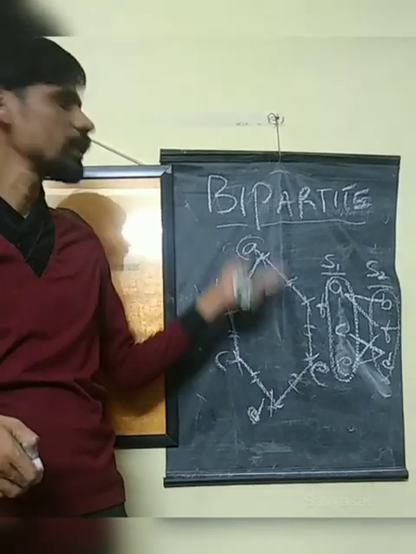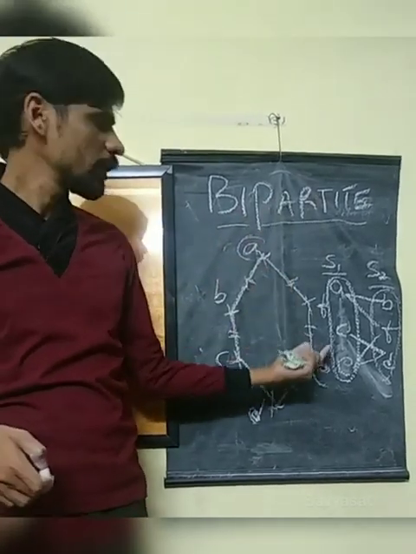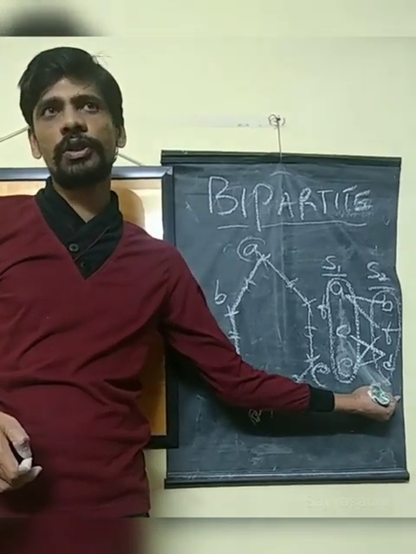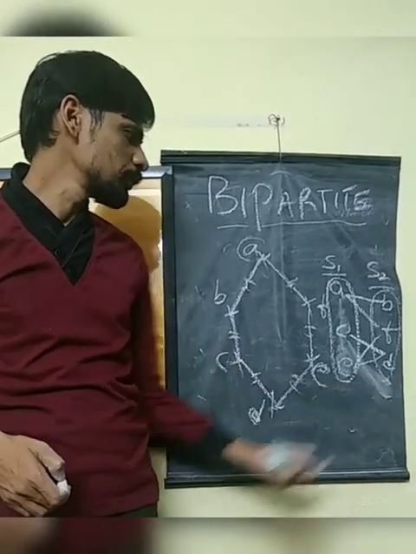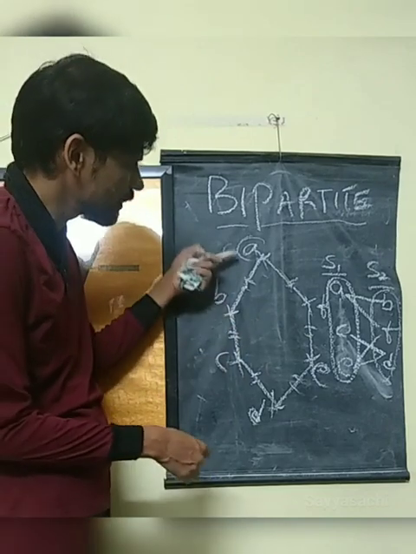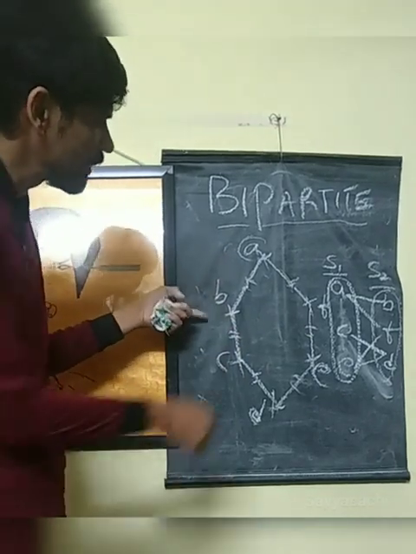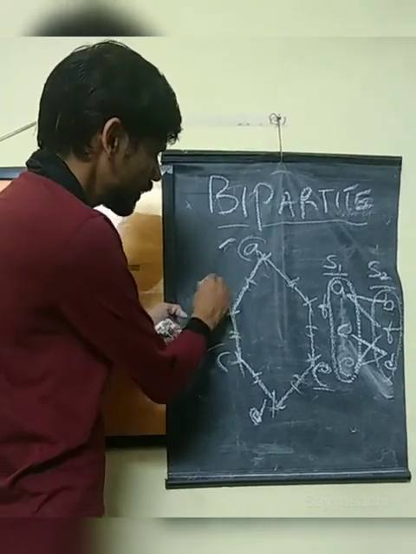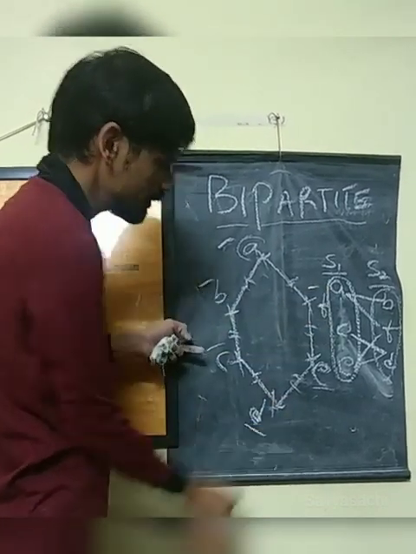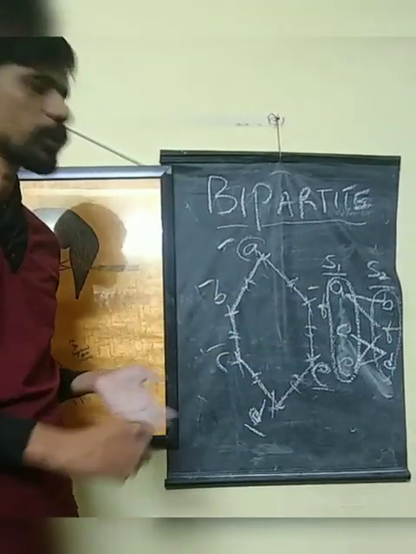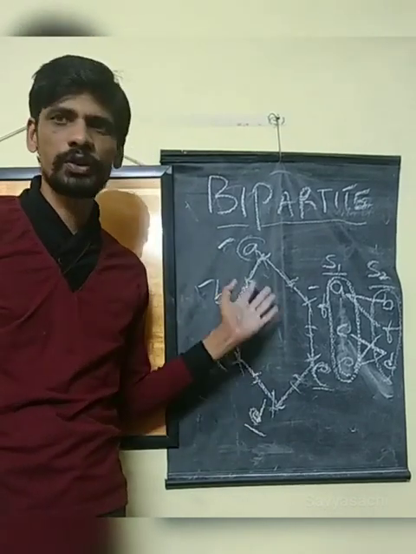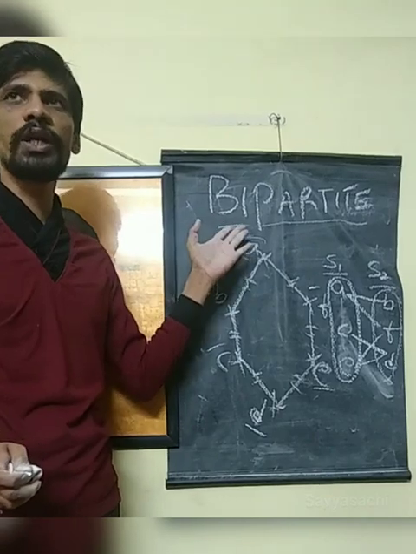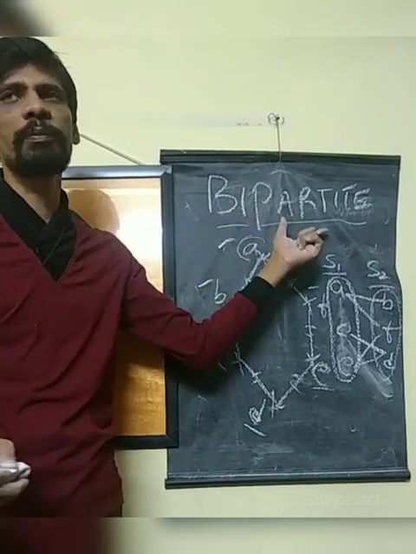Then we call it a bipartite graph, and these two sets form induced graphs. So ACE is one set, BFD is another set. Okay, so this is called a bipartite graph, and we also have the complete bipartite graph.